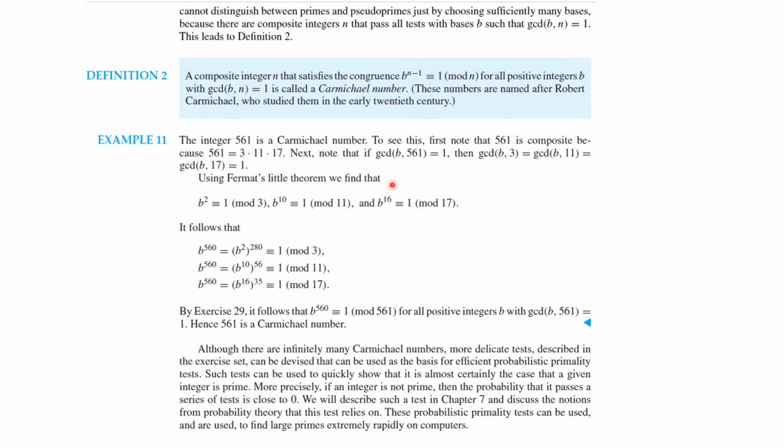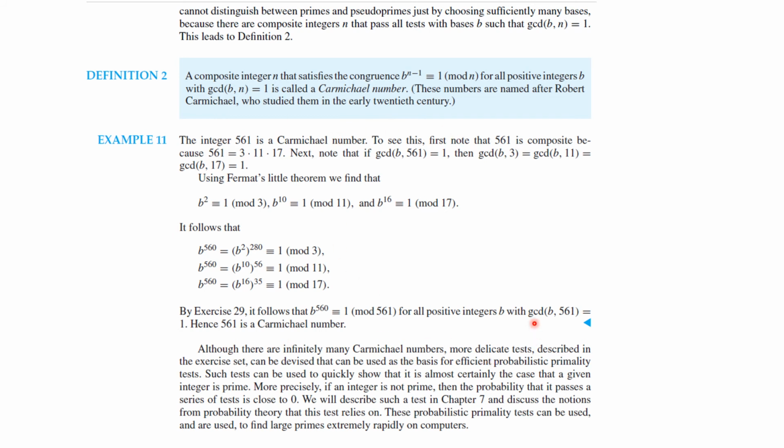So if we use Fermat's little theorem, b squared, b to the 10th, and b to the 16th are all congruent to 1 with these moduli. And it follows that b to the 560 is congruent to 1 mod 3, b to the 560 is congruent to 1 mod 11, and b to the 560 is congruent to 1 mod 17. So this is a Carmichael number because it satisfies the definition.